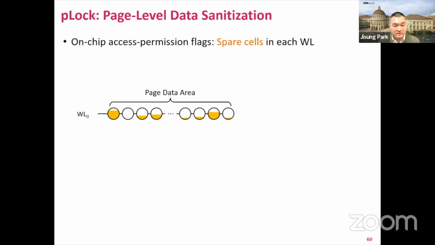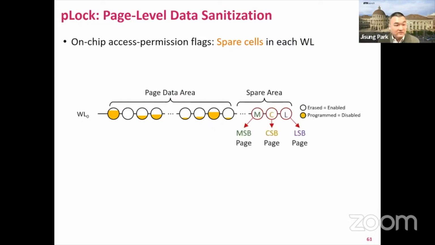To keep the per-page access permission flags, we use the spare cells in each word line. In addition to the cells that store the user data, a word line also has spare cells to store page-related metadata, like ECC parity, as we discussed, right? We use some of these spare cells to store each page's access permission flag.